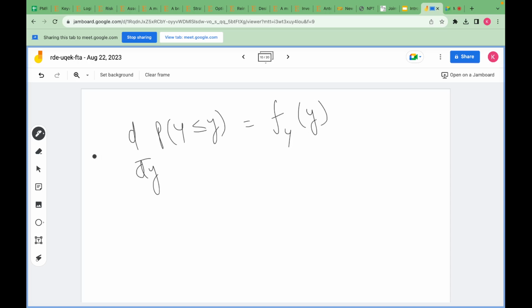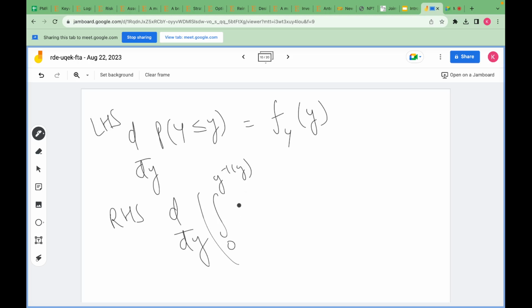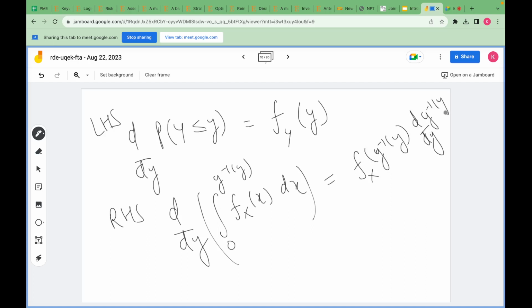And on the RHS, when we differentiate it, this will become f of x at g inverse y, into d upon dy of g inverse y.